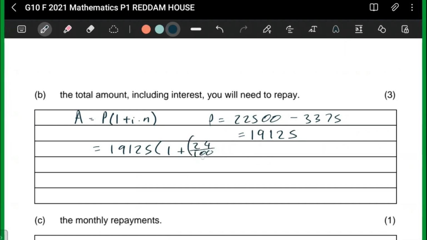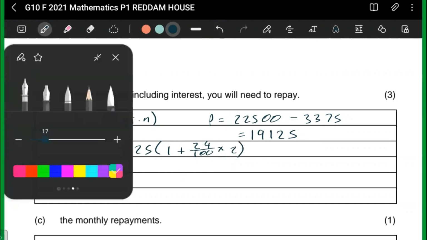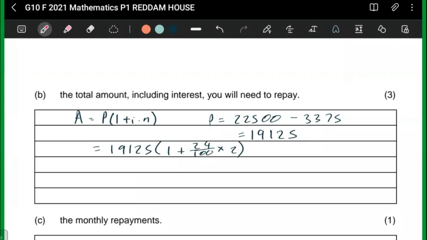And then you have to be careful here, because since you're multiplying, you want to make sure that this is over 2 years also. So you could put brackets here, to make sure that this is done first in your calculator even. So all this done, let's see what that gives us in the calculator.